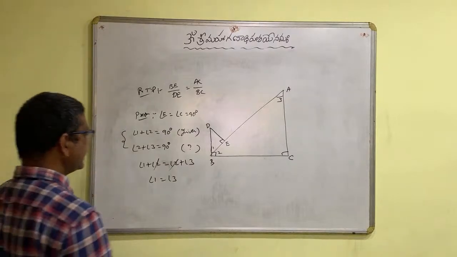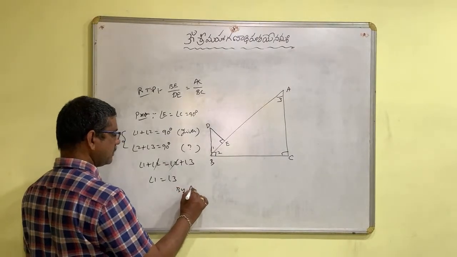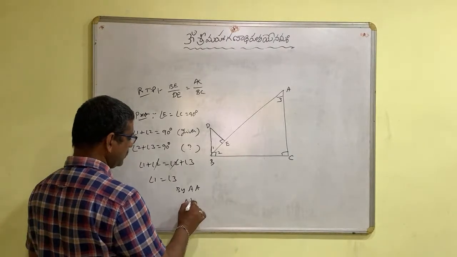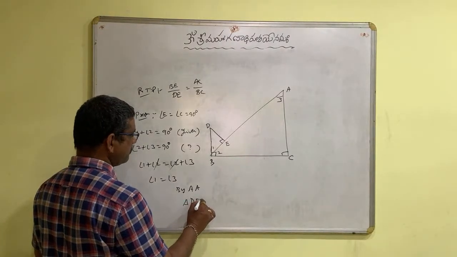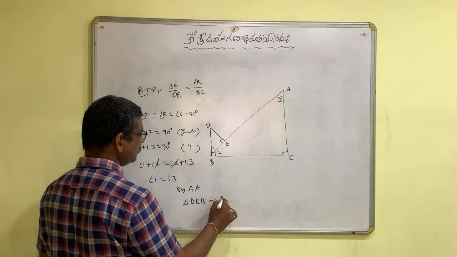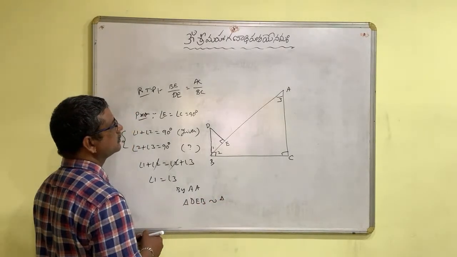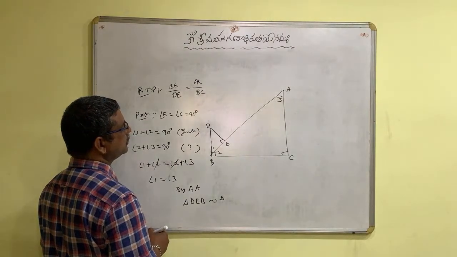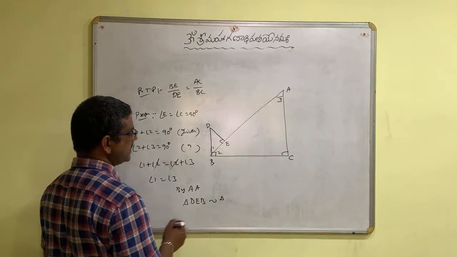Now, by AA similarity, triangle DEB is similar to triangle DCA.